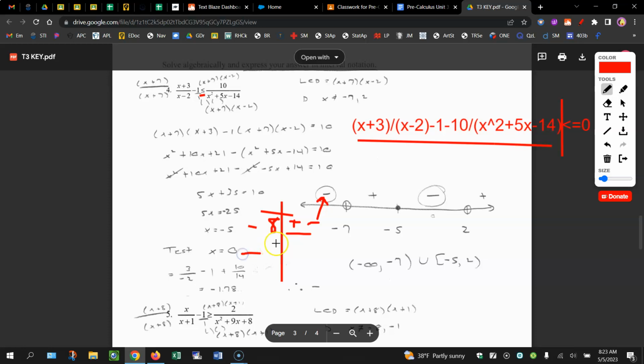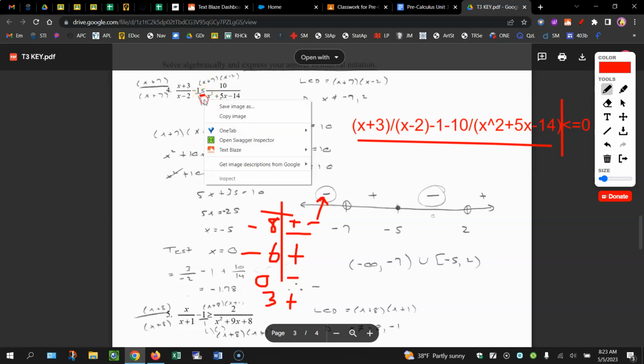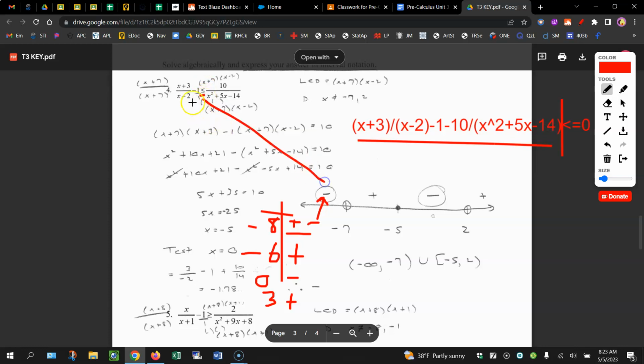In this case, negative 6 would be the only integer on there. That ended up returning a positive value. Between negative 5 and 2, looking at all those numbers, 0 is one of them. That returned a negative value. And then after 2, every number after 2, you'll see on the table is going to return a positive value. Because it was less than or equal to, we are only interested in the negatives.